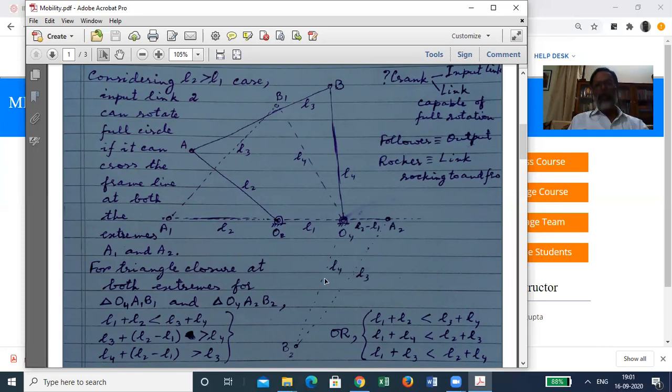But we have not talked of data. So L3 plus this should be larger than L4, and L4 plus this also should be larger than L3. So L3 plus O4A2 is larger than L4, and L4 plus O4A2 is larger than L3.